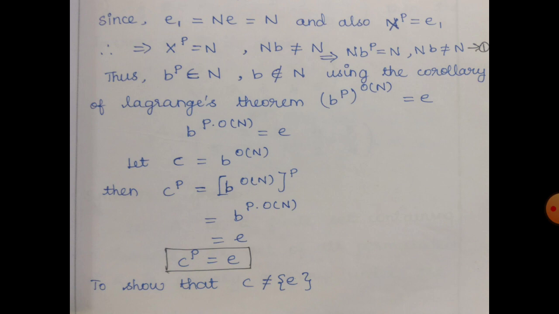Suppose C is equal to E; we have to show that there is a contradiction, then the proof will be over.